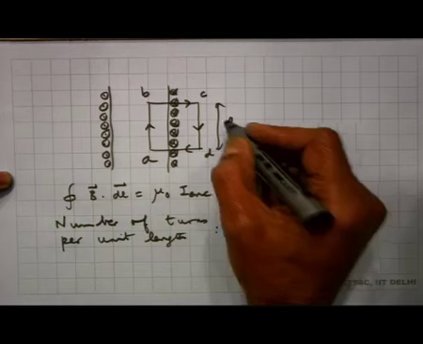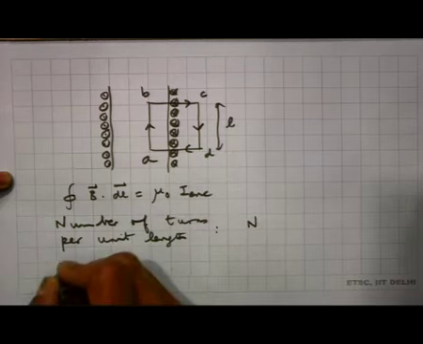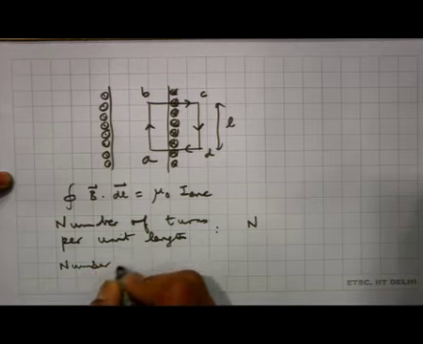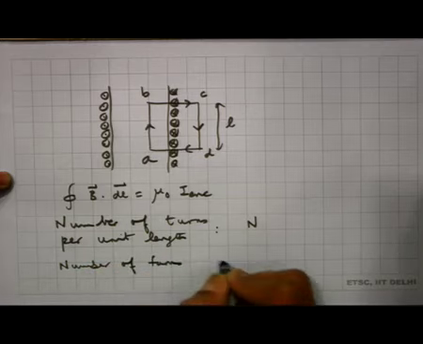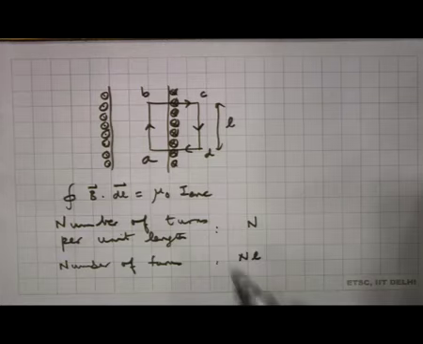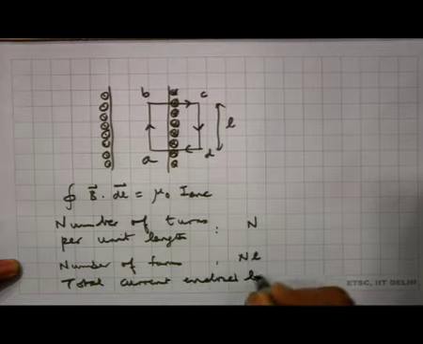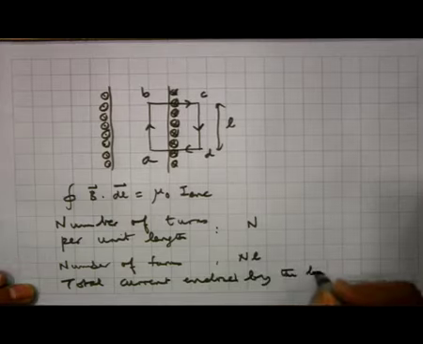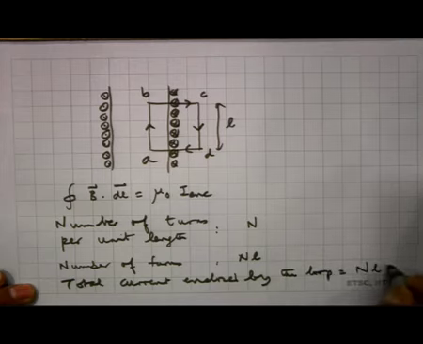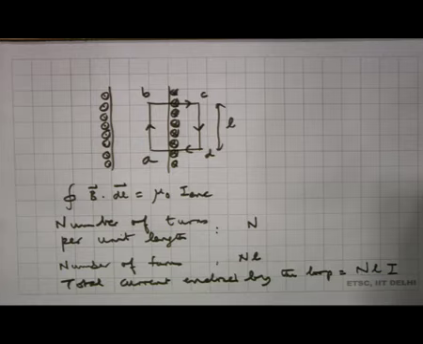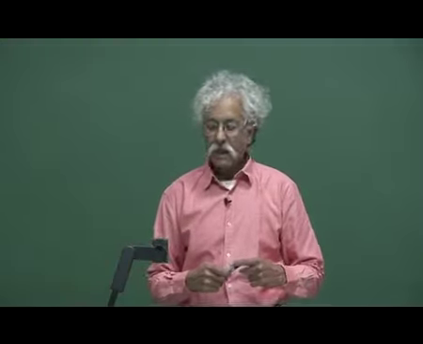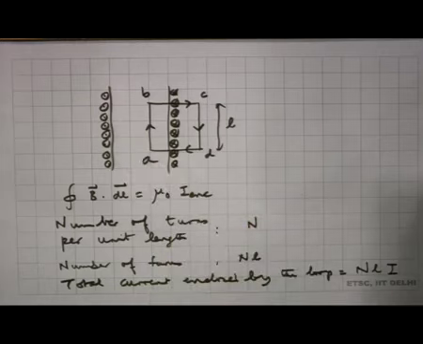So, in a length L, the number of turns will be n times L. And each turn carries a current I. So, the total current enclosed by the loop is equal to n L I. Each loop carries a current I, and there are n L loops within this, so this path encloses n L loops.